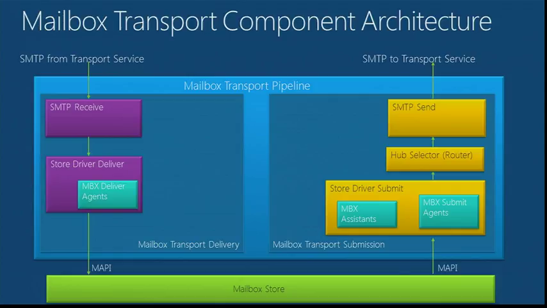And again, it's just the store driver and the deliver and submit component that are doing that. We used to have them set up as separate services, the mailbox submission service and the store driver service. We've combined them all into one, into the transport service now. So all the functionality is still there. They're just not implemented as separate services anymore.